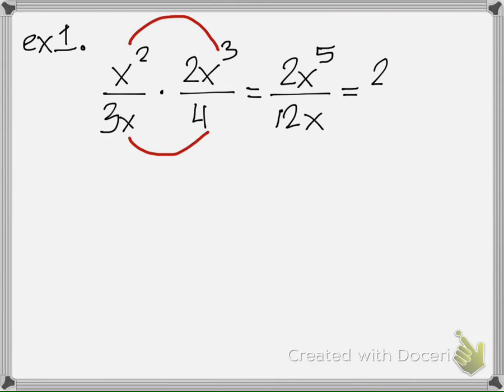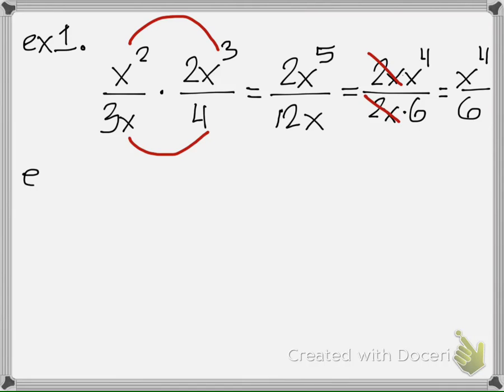That's the same thing as 2x times x to the 4th over 2x times 6. I can cancel out a 2x on both my numerator and my denominator, and that gives me x to the 4th over 6. It's essentially just reducing a fraction.